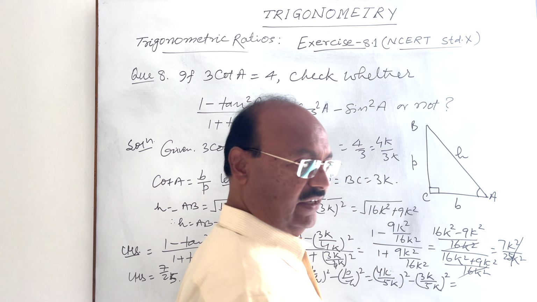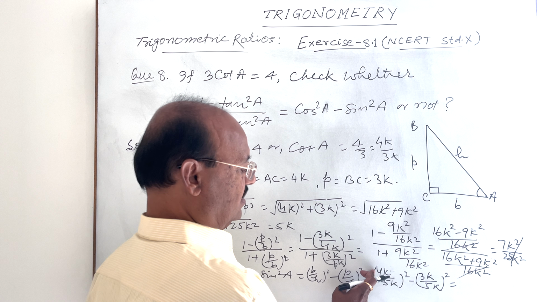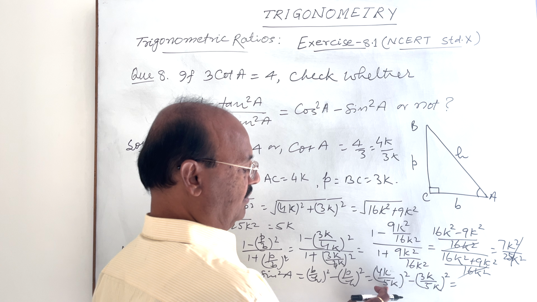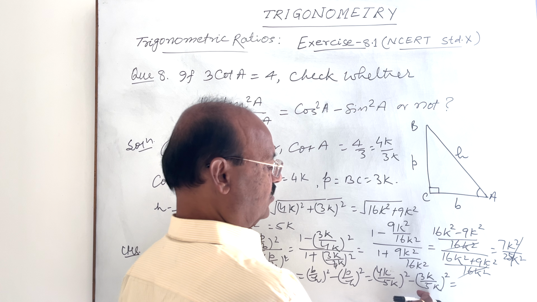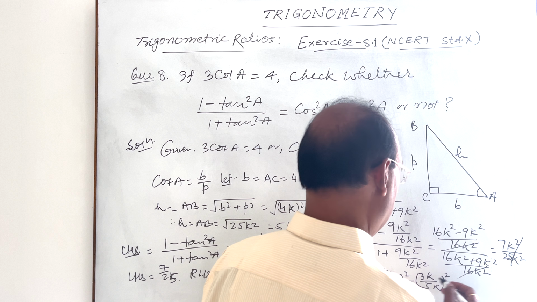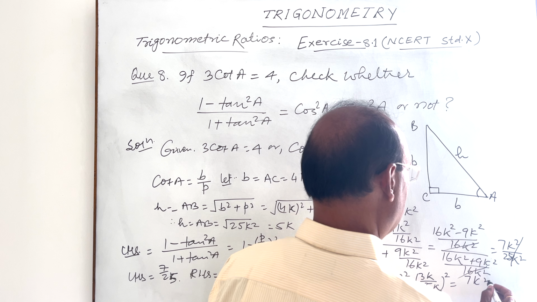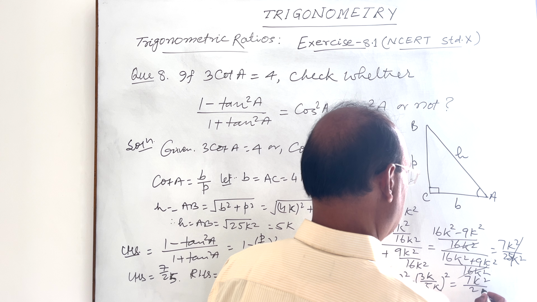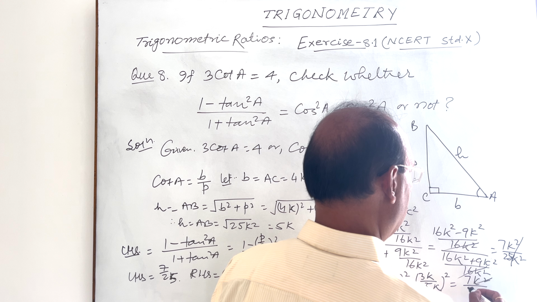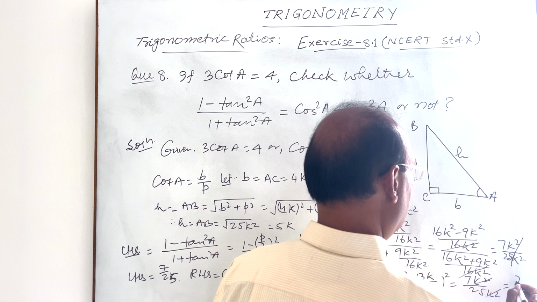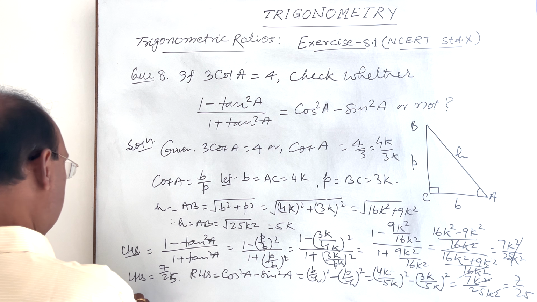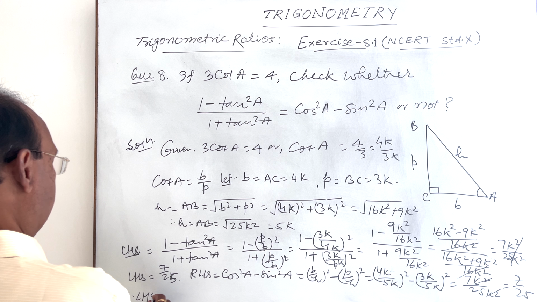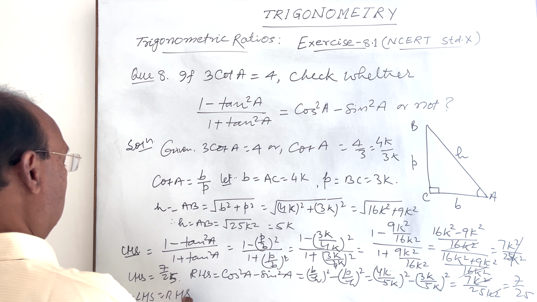Let us simplify it. So this is 16K square by 25K square minus 9K square by 25K square. By taking LCM and simplifying, here also we are getting 7K square by 25K square. K square will be cancelled out. So 7 by 25. So here we are getting, therefore, LHS is equal to RHS.